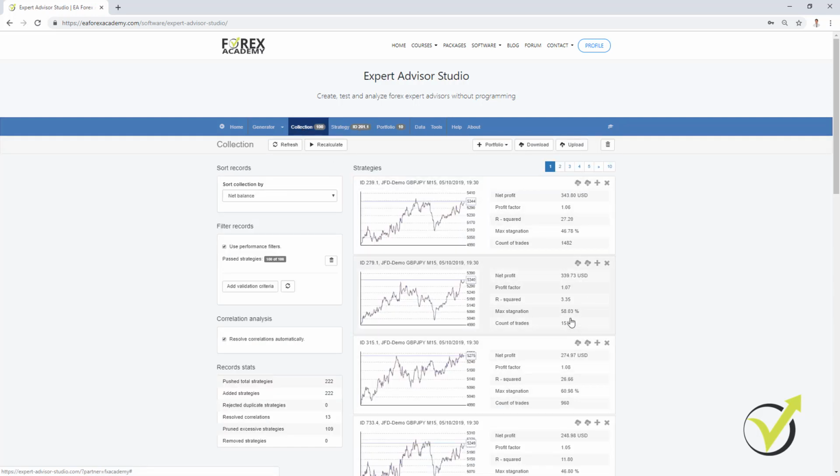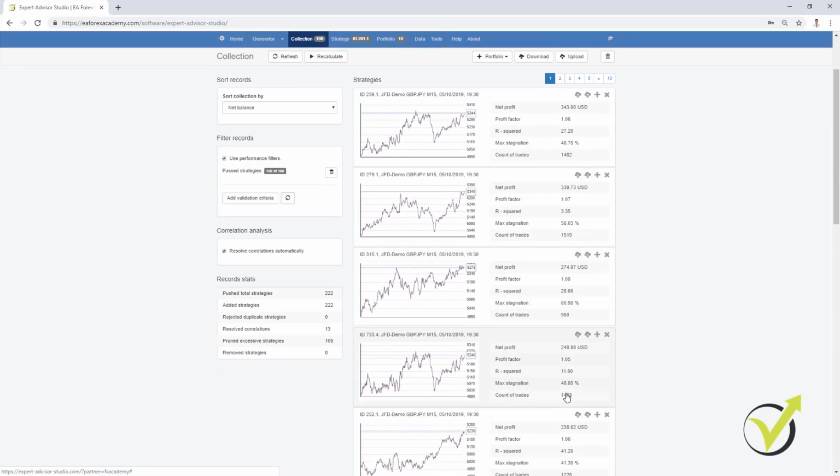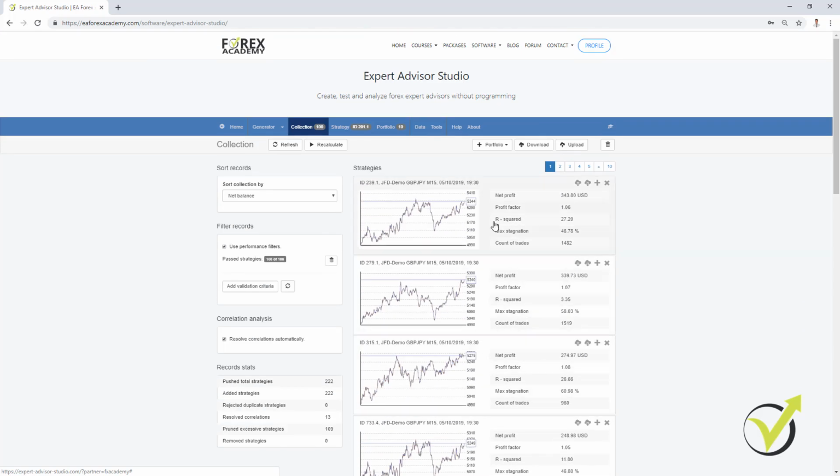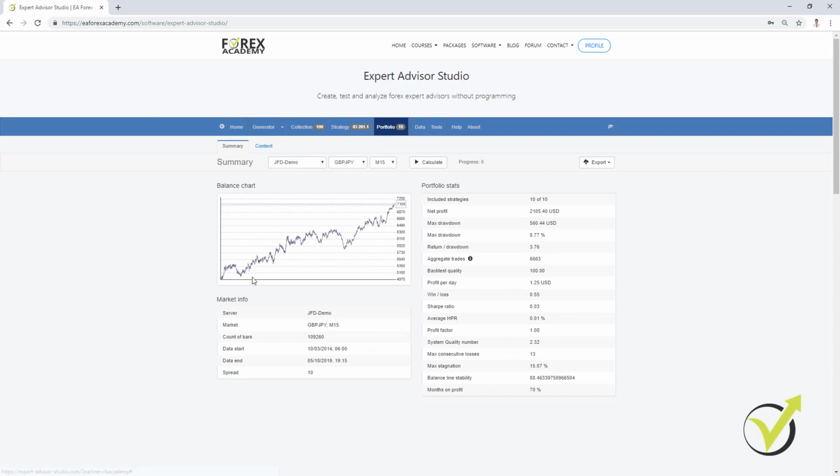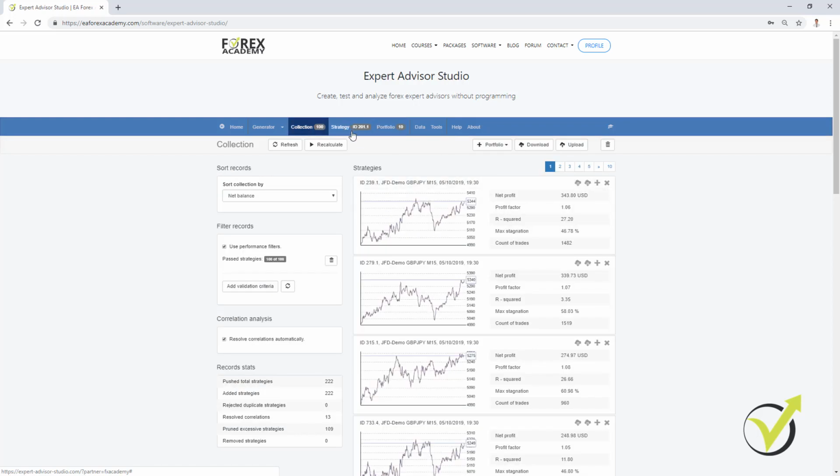Let's have a look at the others: 58%, 60%, 46.80%, and so on. So when we combine the strategies in one portfolio expert advisor, we have much better statistics and much better balance chart. But keep in mind that this chart is a combination of all the strategies. Okay, it's not a single strategy, it combines all the strategies that I have selected from the collection.